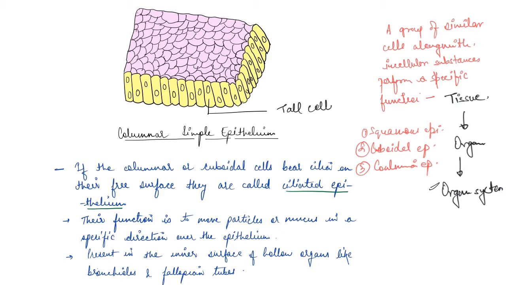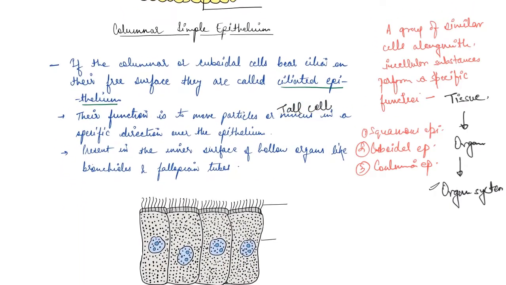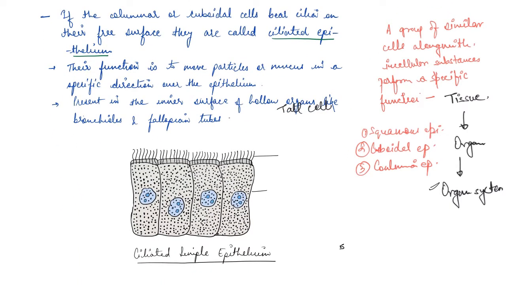Now, if the columnar or cuboidal cells bear cilia on their free surface, they are known as ciliated epithelium. The function of cilia is either to move that particular cell or to make movement in that part.